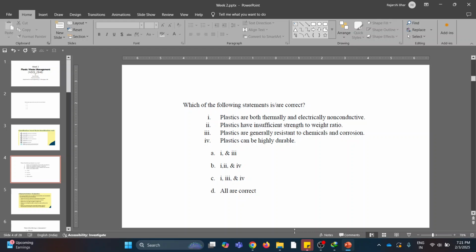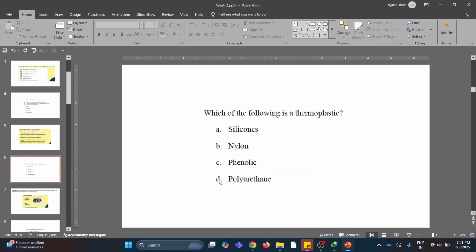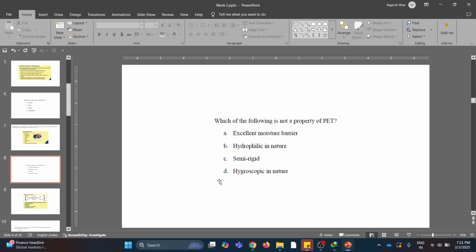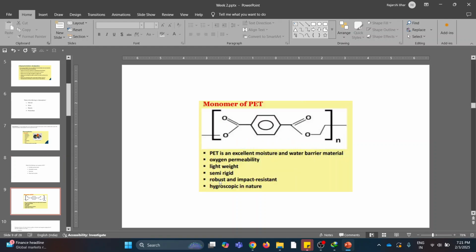They have generally high resistance to chemicals and corrosion, and plastics are highly durable. So option C is the correct answer. Then which of the following is thermoplastic? Nylon. After that, which of the following is not a property of PET? It is option B, hydrophilic in nature.